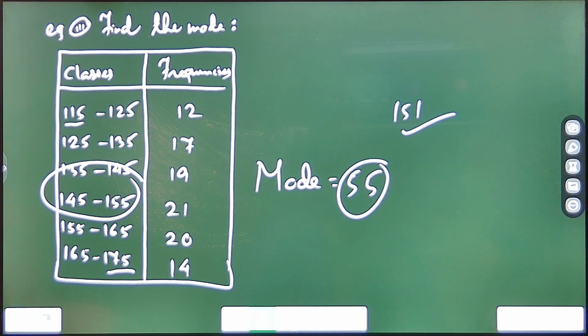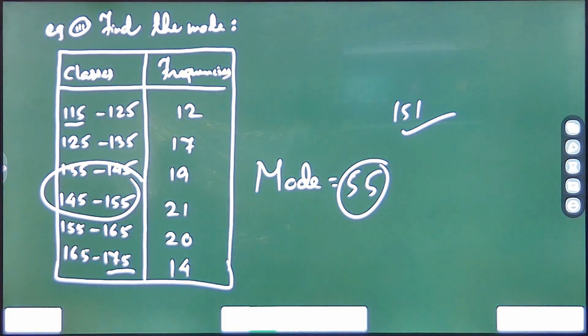So 145 plus 6.666 is 151.666, and it will keep going. So you can write it as 151.67, because 6666 keeps going, so you cannot round it off exactly.